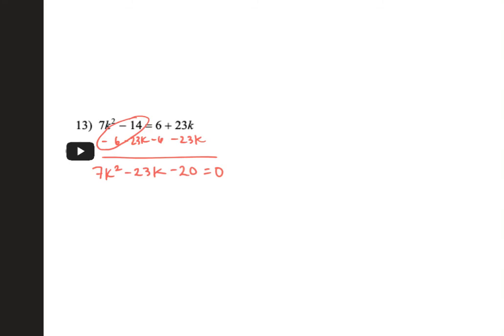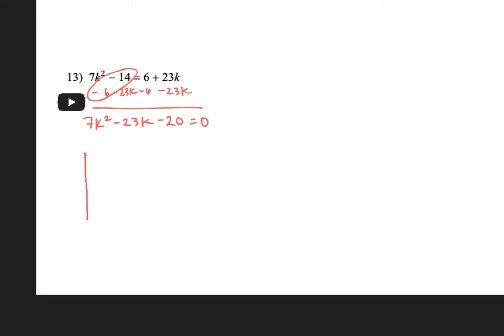Checking for a GCF, there is no GCF, so we go straight to the box: 7k squared minus 23k minus 20. We multiply AC, so this is negative 140, and we're adding to make negative 23, since 20 times 7 is 140.